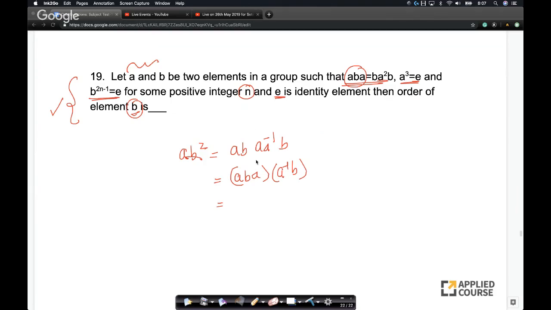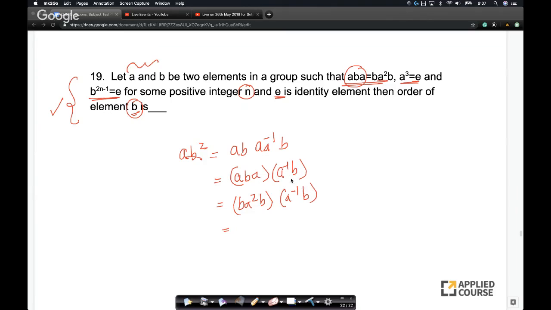So A into A inverse into B. Yes, I can write it this way. This is cool. Now what is ABA? ABA is BA square B, right? So I can write this as BA square B into A inverse into B.